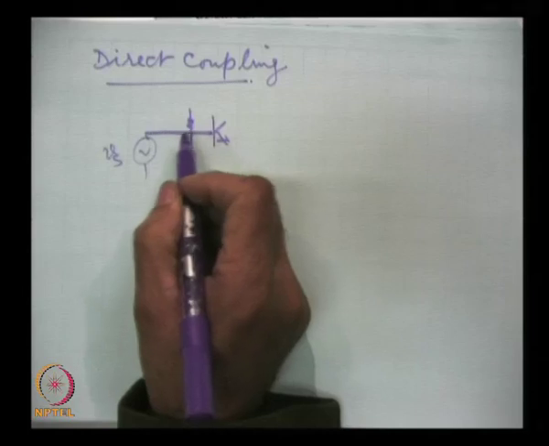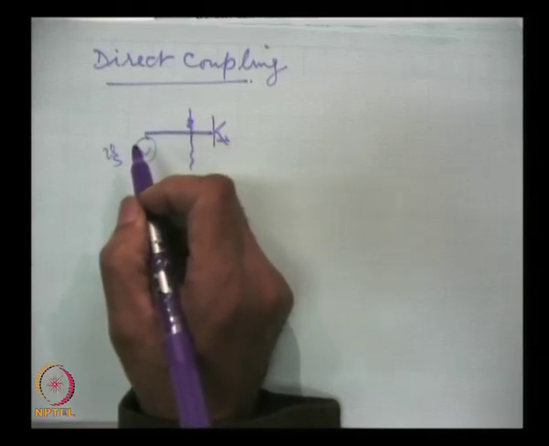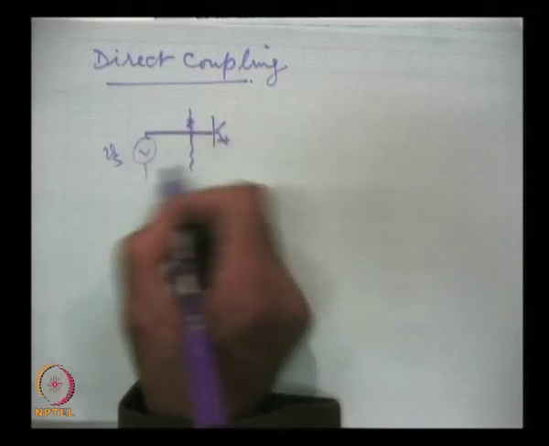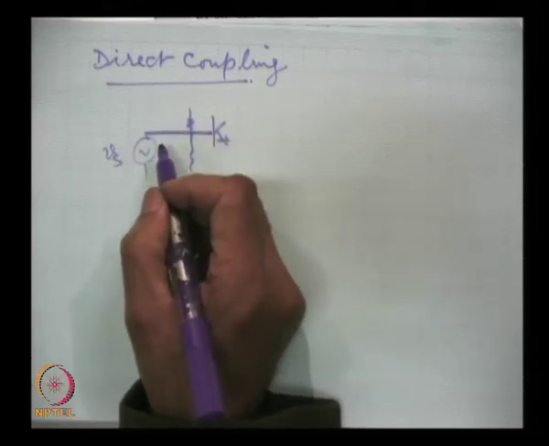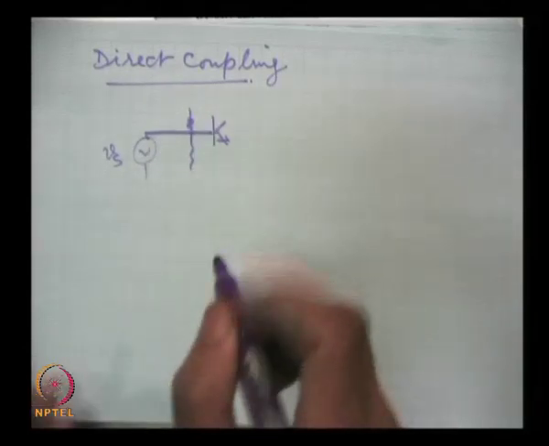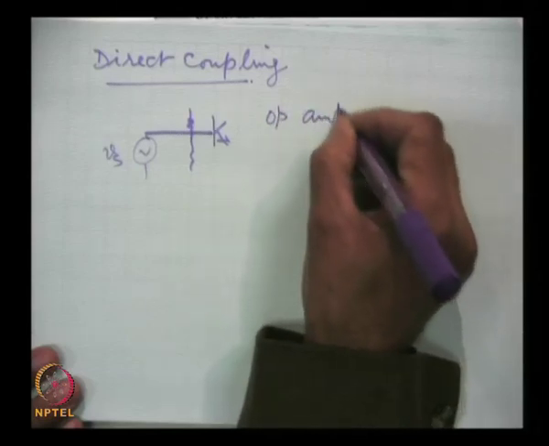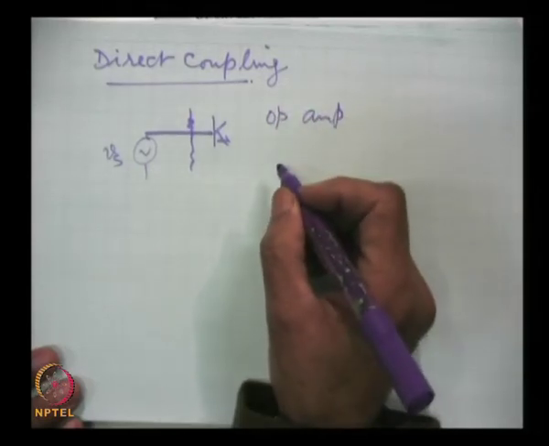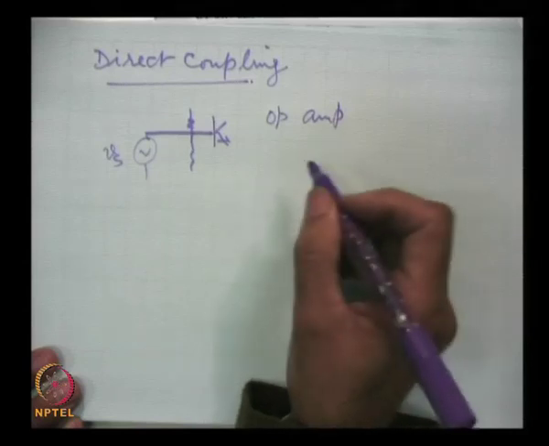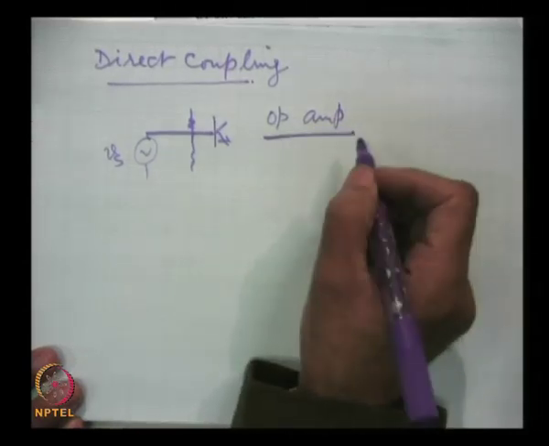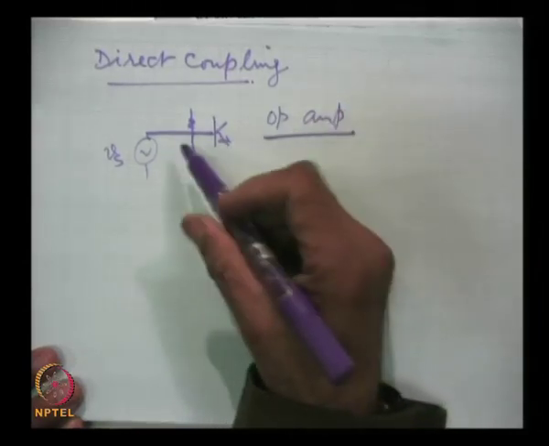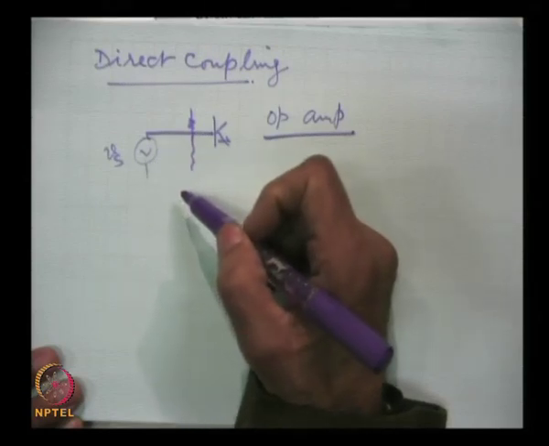In the last 20 or 25 years, this coupling has found big applications, for example in operational amplifiers, op amps, which we are going to study in detail in later modules. Most op amps make use of direct coupling.